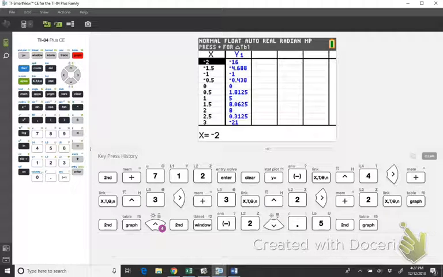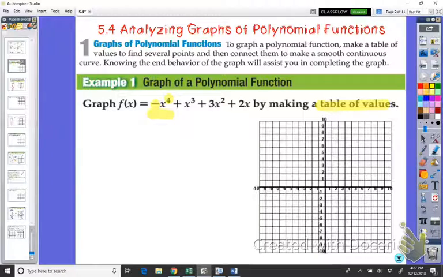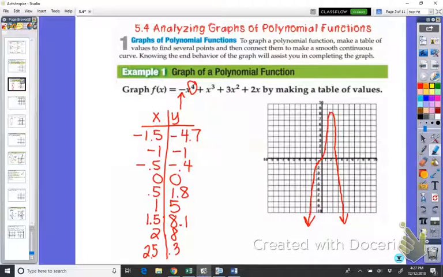So now you see some smaller numbers that you can graph. You've got -1.5 and about -4.7 if you round it. -1 will fit on there, and so forth, probably the whole way up to 2.5.